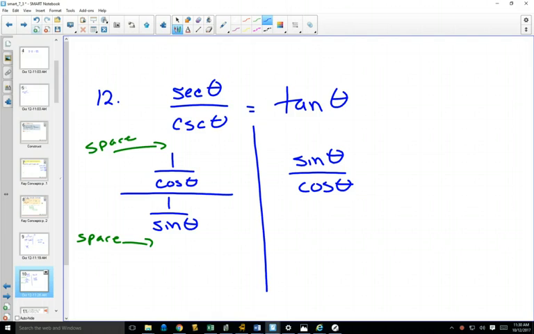And after you change things to sine and cos, well, then the strategy we talked about at the beginning, which will work so many times, is can you write both sides as a single fraction? Can you see that the right side is a single fraction? But the left side isn't yet. It's a fraction over a fraction. So we're going to use our fraction rules. How do we divide?